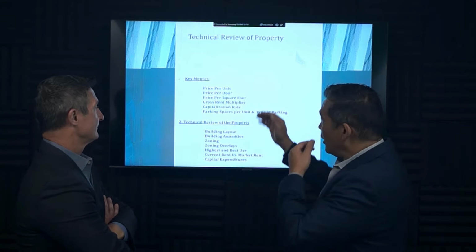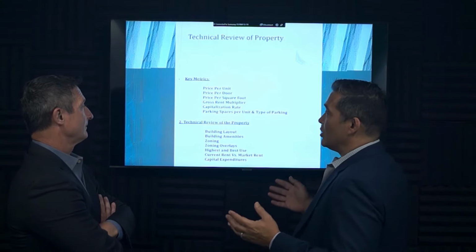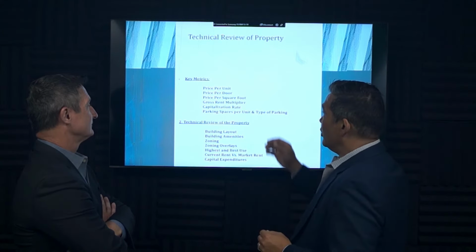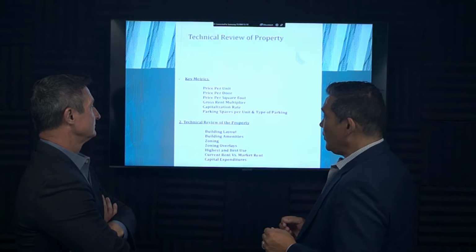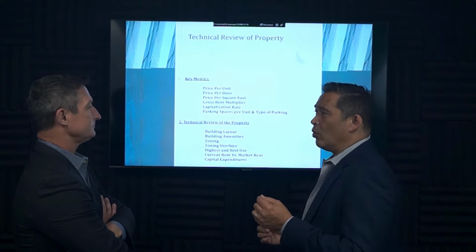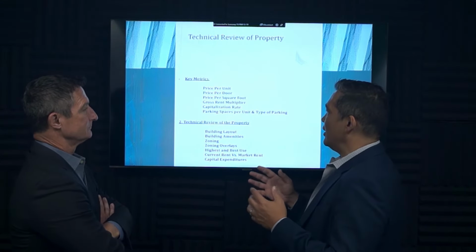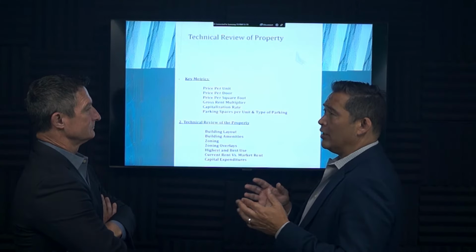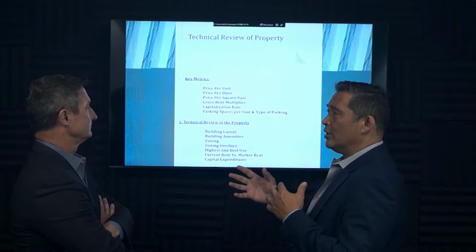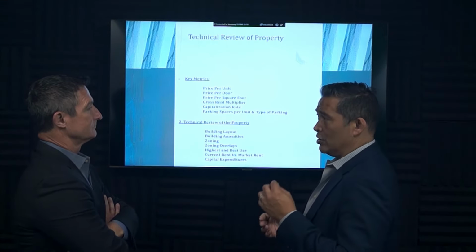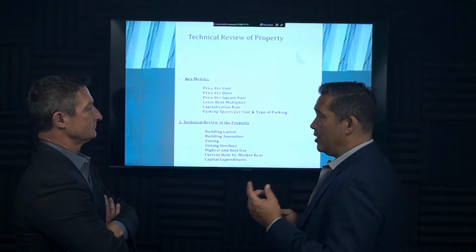Yep. So price per square foot, everyone hears that, knows that. That's the price per square foot of the actual building size. Gross rent multiplier is used a lot of times by investors who don't really understand a capitalization rate. I think it can be used in conjunction with the capitalization rate, which is a much better financial tool for estimating value.